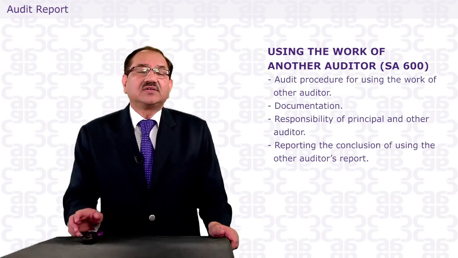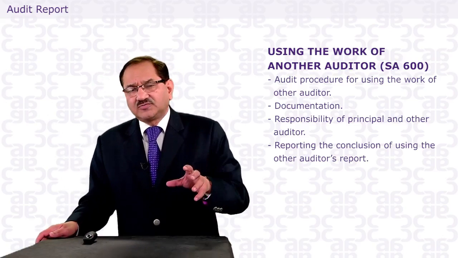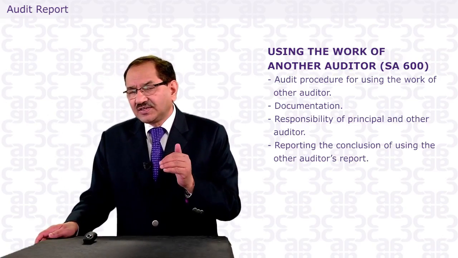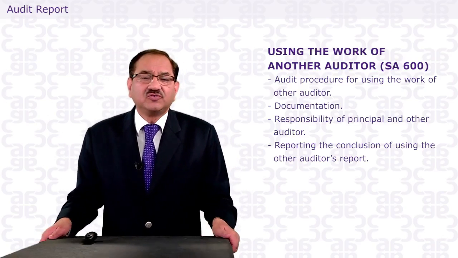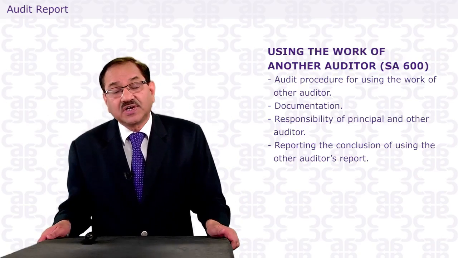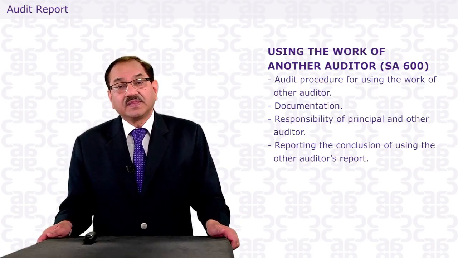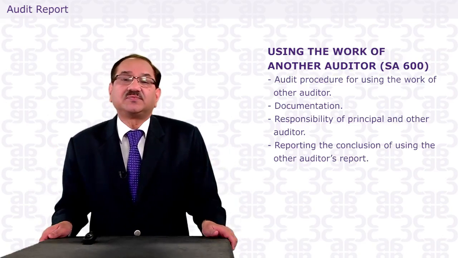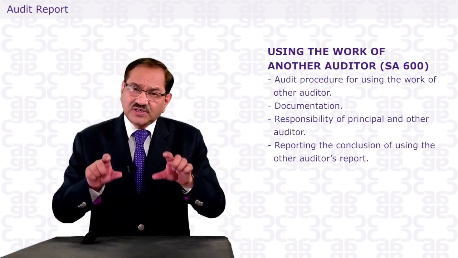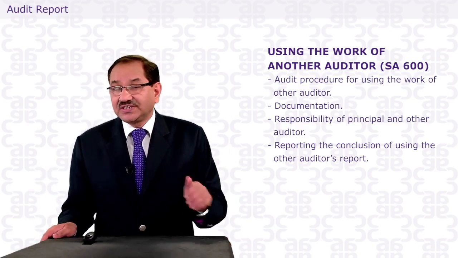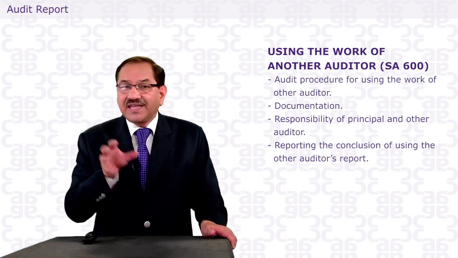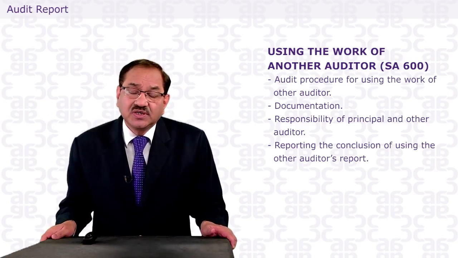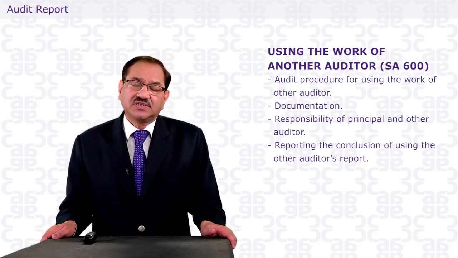You see, the other thing, when we are saying reporting the conclusion of using the other auditors' reports. He is using the other auditors' report, as I told you. When he is using it, it means he is applying his due diligence process to the report submitted by the branch auditors.